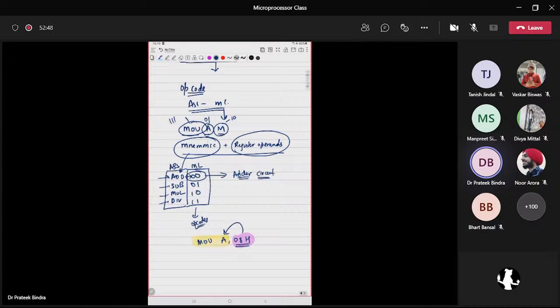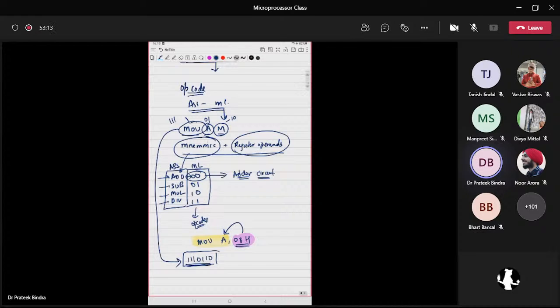So I have written move AM, but in machine language it will be seen as 1110110. That is the opcode of your move AM. Whenever you write move AM, this data value will go to the decoder, and then depending upon my decoder output, the particular circuit will be activated.